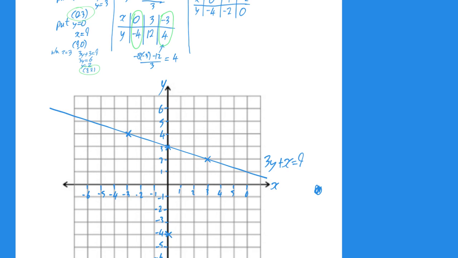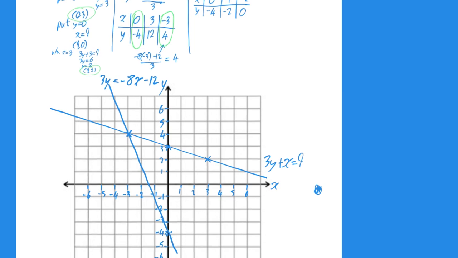So using a ruler again, link those up and see what we get. Okay, so that was your line 3y is equal to minus 8x minus 12.